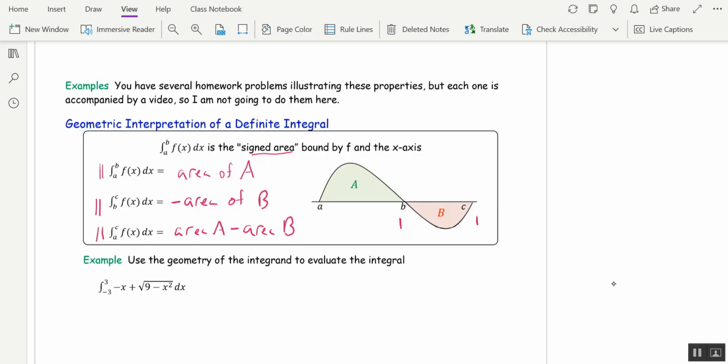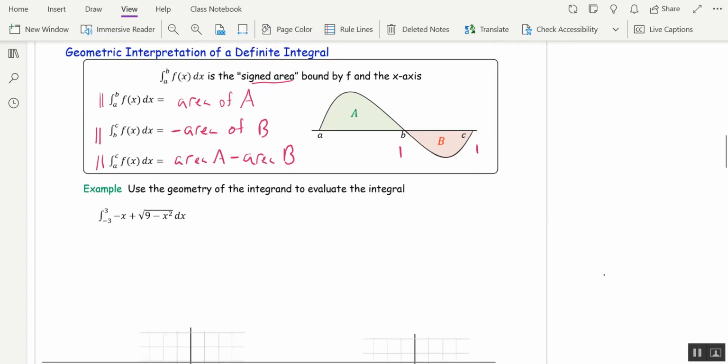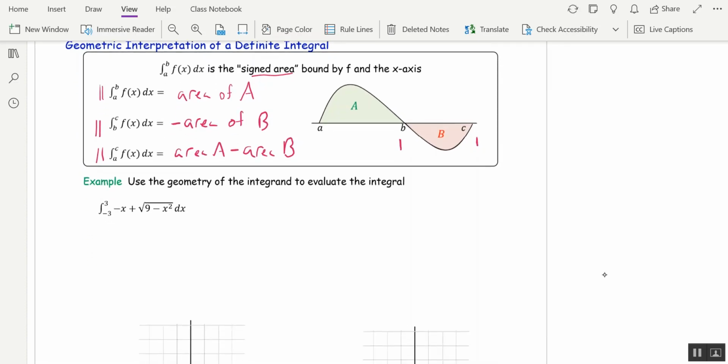So let's use geometry to find the value of an integral. The first thing I'm going to do with this example is use the property of linearity so that we can rewrite this as two integrals. The integral from -3 to 3 of negative x dx plus the integral from -3 to 3 of the square root of 9 minus x squared dx.